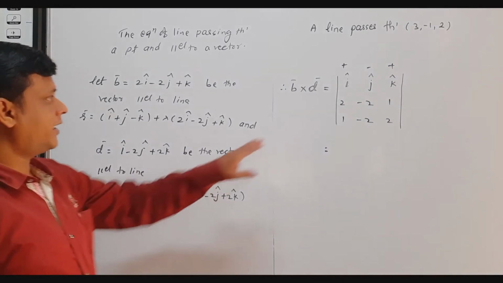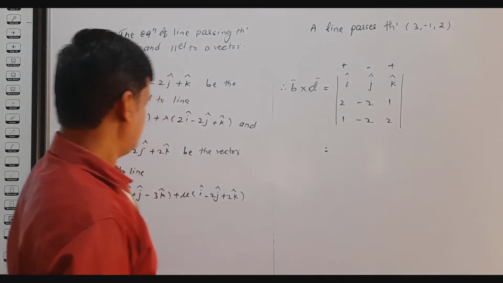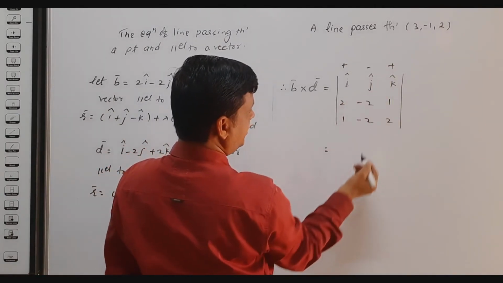So we find b bar cross d bar. Calculate this determinant.